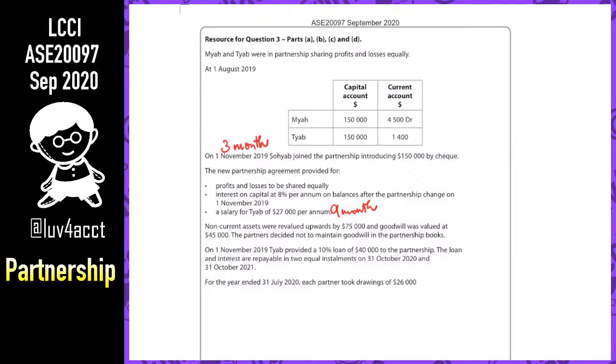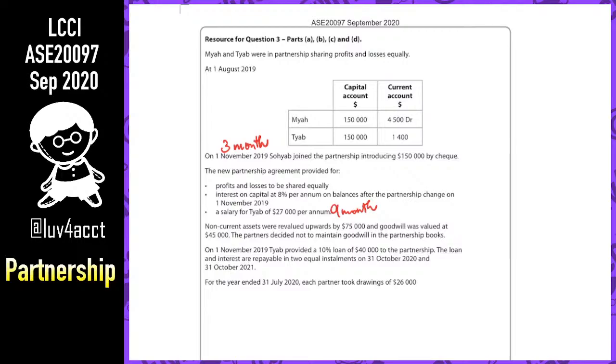Non-current asset is revalued upwards, goodwill is valued at 45, and partners decide not to maintain goodwill in the partnership books. On the 1st of November, partner T provided a 10% loan of 40,000 to the partnership. The loan and the interest are repayable in 2 equal installments on 31st October and 31st October year 2021.